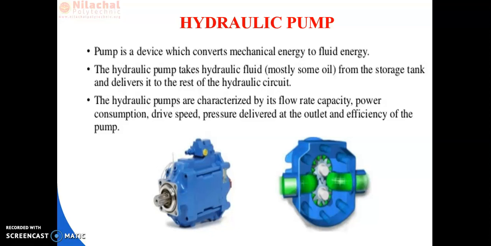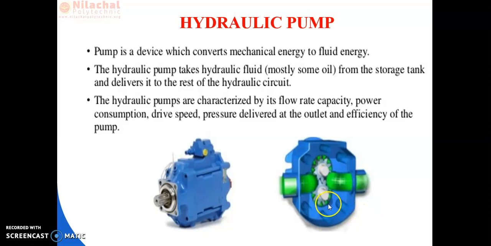Pressure delivered at the outlet means the outlet pressure of the liquid after it is collected at the delivery end of the pump. For efficiency of the pump, we provide mechanical energy to the pump and get hydraulic energy, and we take the ratio of hydraulic energy to the mechanical energy supplied, which gives the mechanical efficiency, that is, the efficiency of the pump.